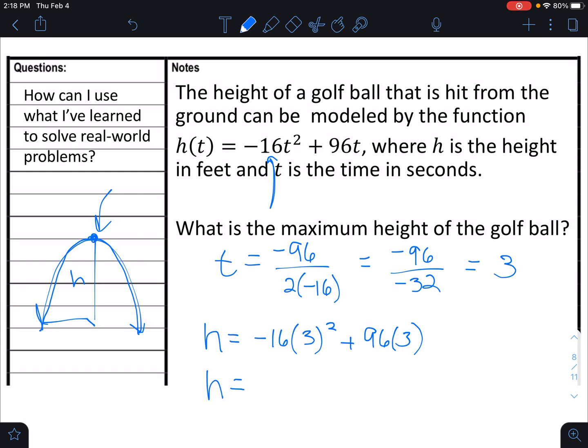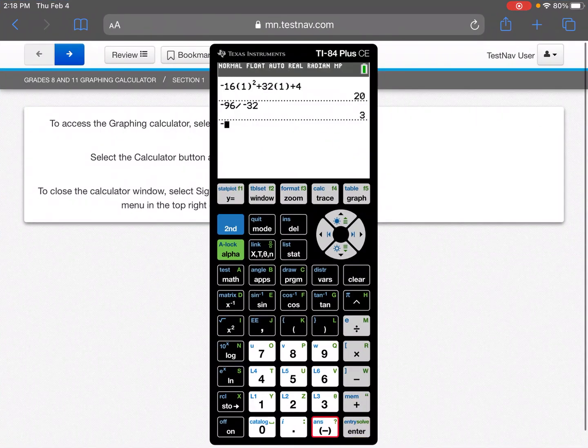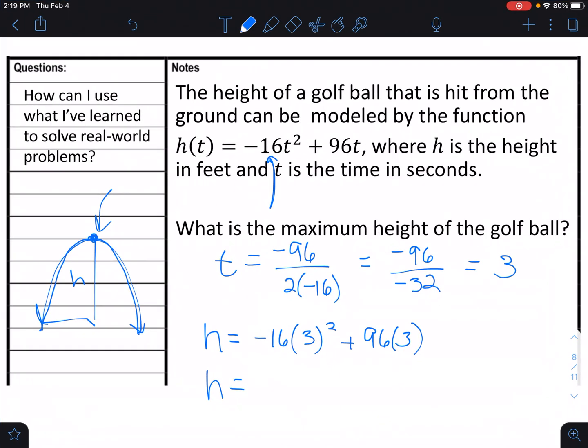Okay, I had to write that down so I could remember it. Negative 16 times 3 squared plus 96 times 3. Okay, 144. So this is the max height.